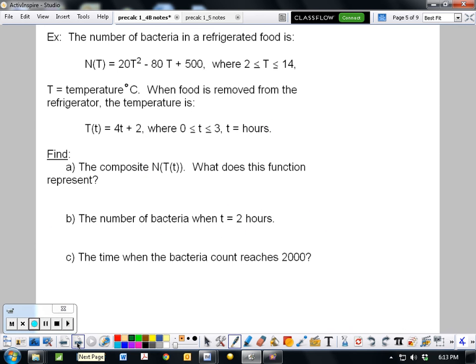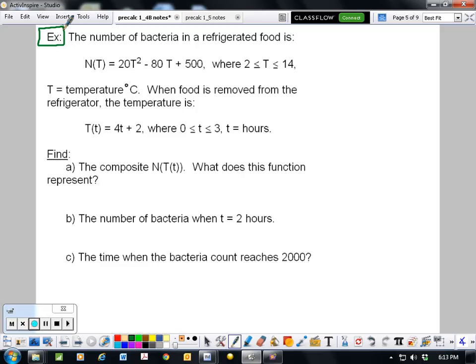Okay, so now we're getting into where we're actually starting to combine information, and we're looking at things in context. So we have a problem where the number of bacteria in refrigerated food can be represented by N of T equals 20T squared minus 80T plus 500, where T has to be between 2 and 14.